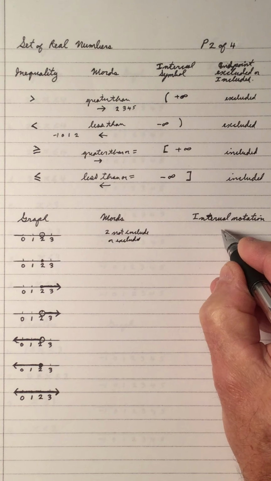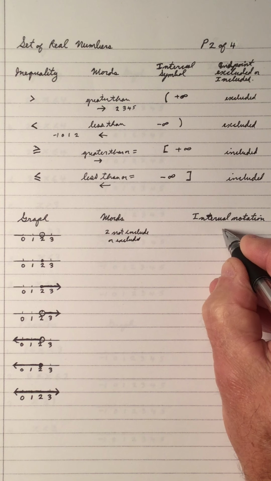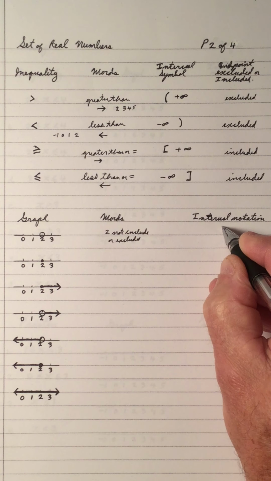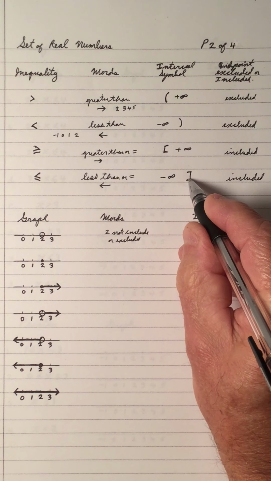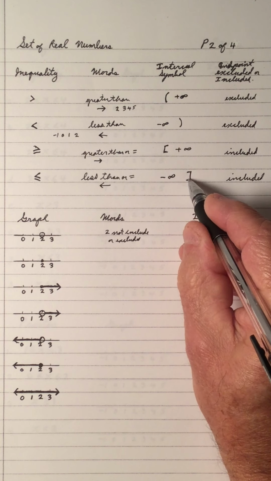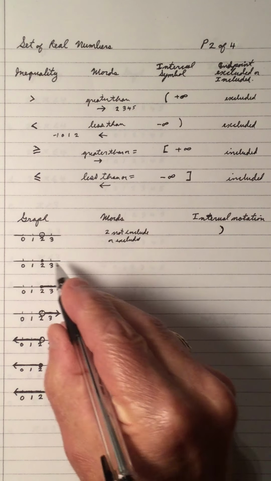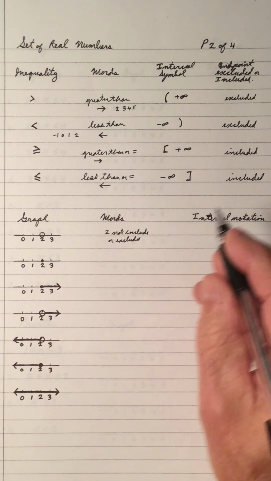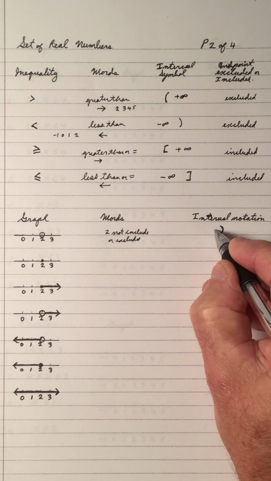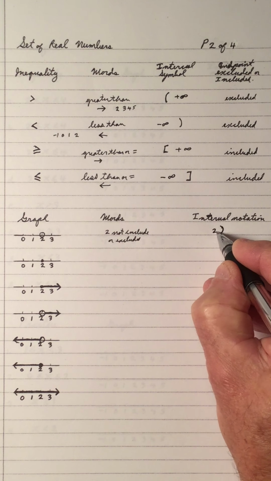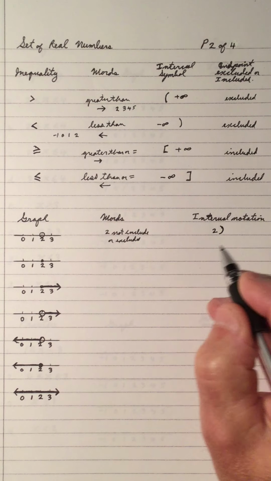And the interval for not included is the open bracket. Remember, the square bracket is included. This one is not included. We could put a 2 in here like that. 2 is not included.